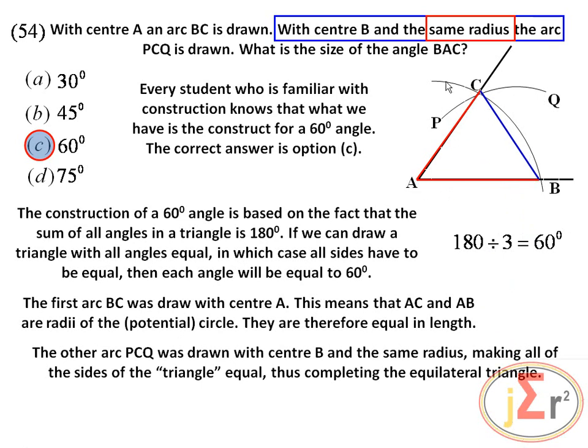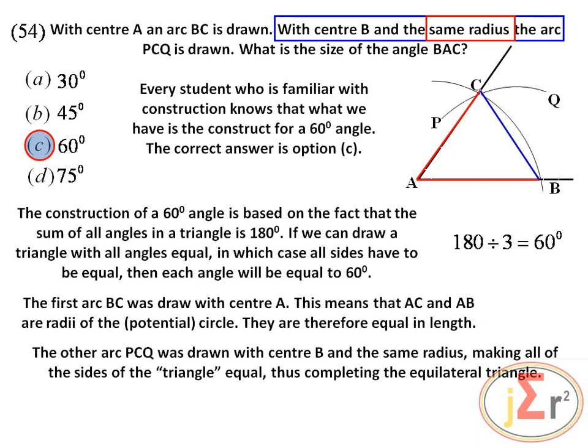First, this arc causes this and this to be equal, being radii of the same circle. And it is saying same radius with the same radius. We are drawing this arc. That means all of the radii are equal, and we are sure that all sides are equal. We have an equilateral triangle, and all angles are equal.